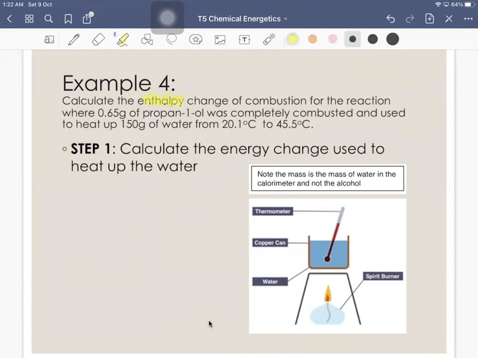You want to find the enthalpy change of combustion. That means we are interested in delta Hc of propan-1-ol, so that's your CH3CH2CH2OH.